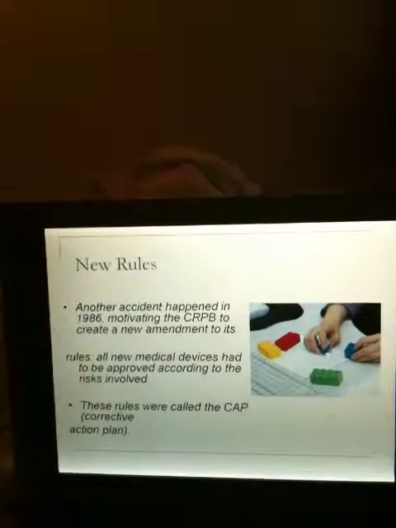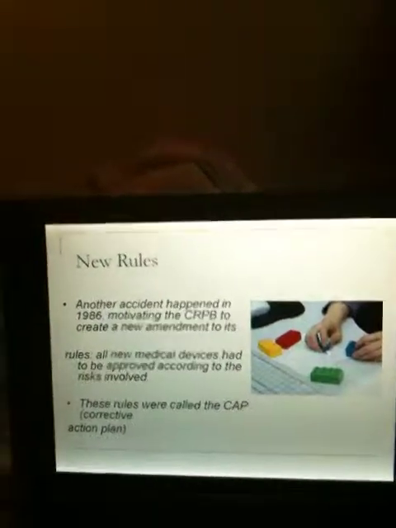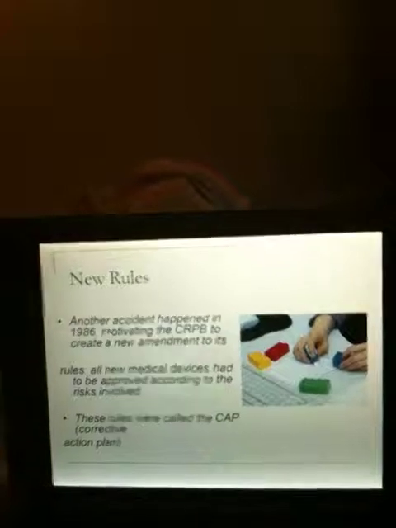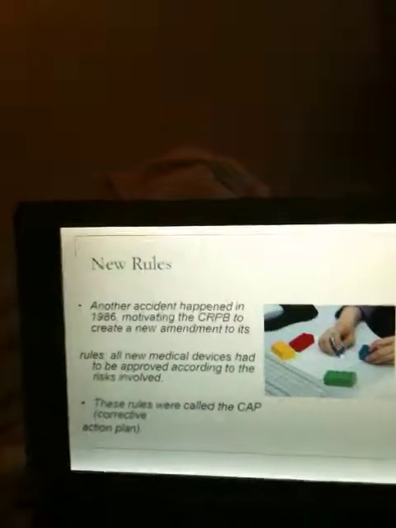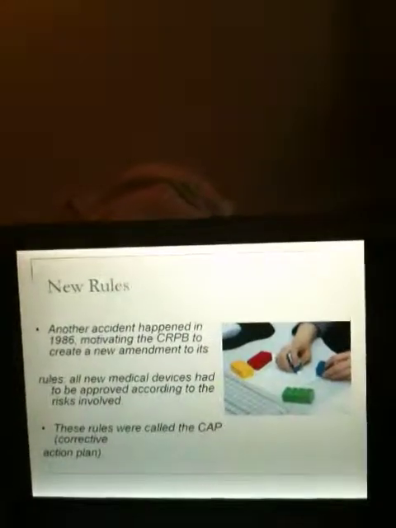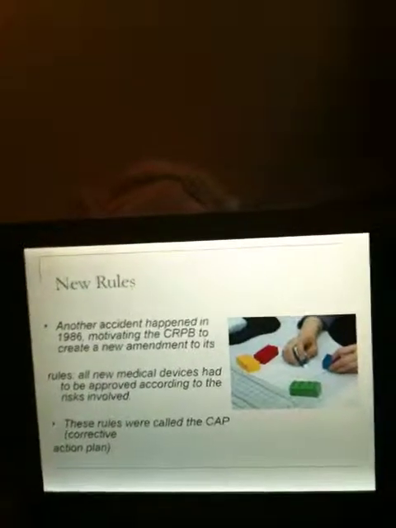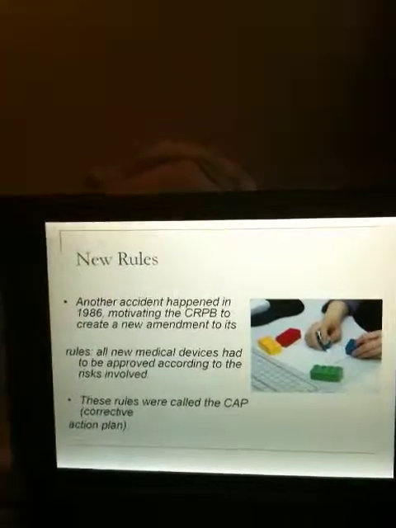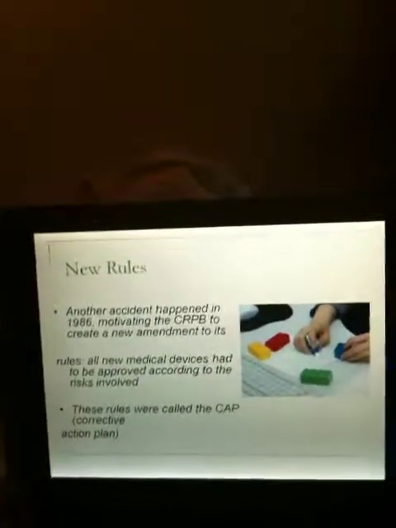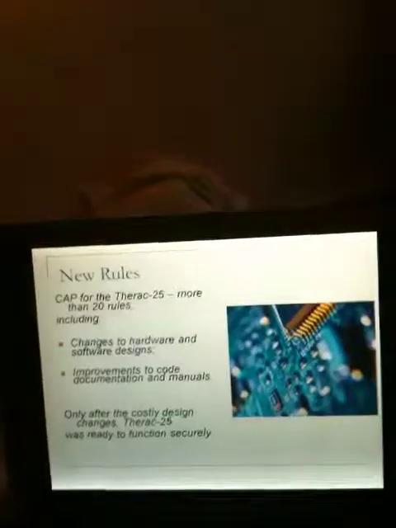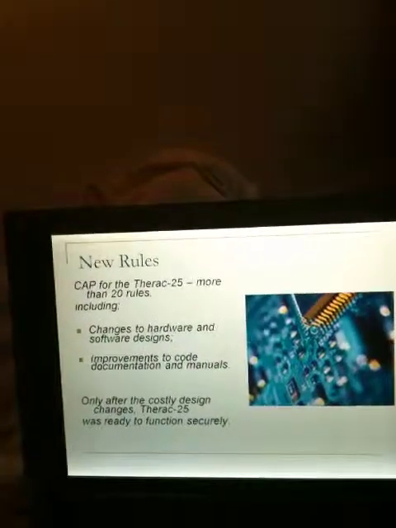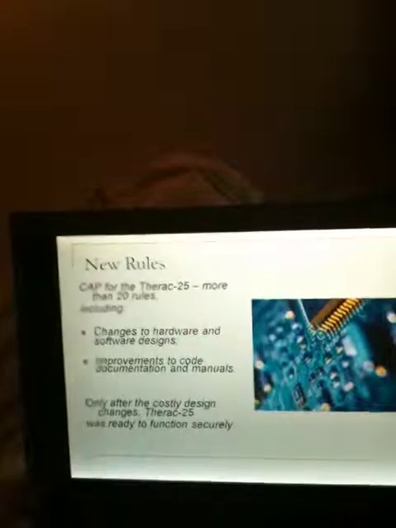They had to go through some serious testing, and some corrective action plan rules, some CAP rules, would be applied to them. So the higher the risk the project had, the more rules it would have. And that was the case for the Terra 25 project, which had more than 20 rules.